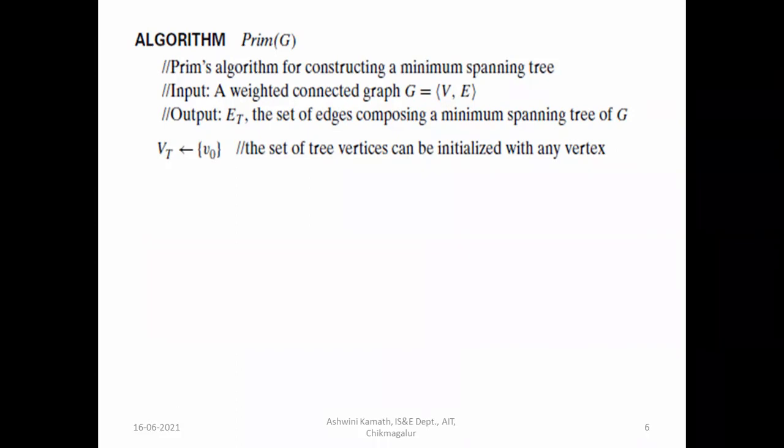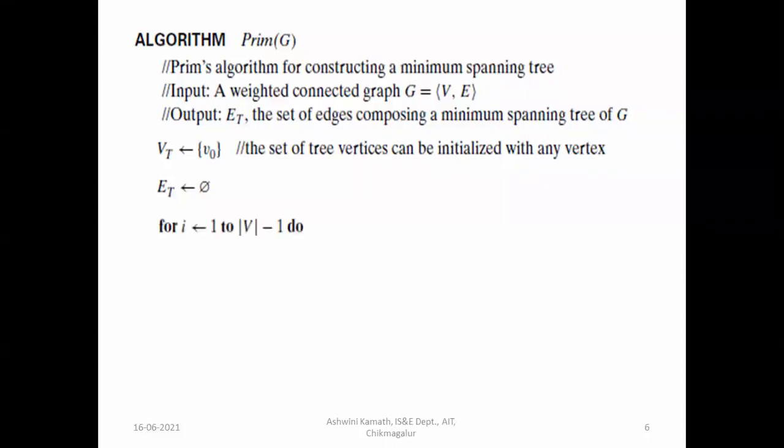And if we have numbers for the vertices, then we'll select in increasing order, that is, 1 will be selected as the source vertex. You can select any one as the source vertex and change the code a little bit so that it works with that particular vertex. The set of tree vertices can be initialized with any vertex, so that will be considered as the source vertex V0. Then ET is equal to null. Initially, the set of edges present in the spanning tree is null.